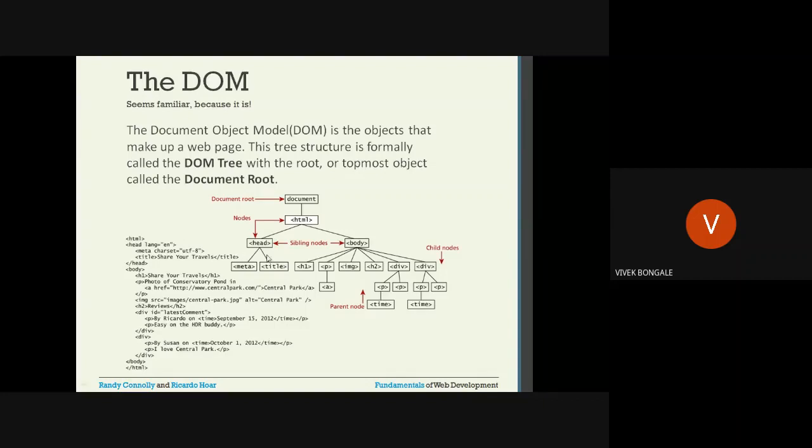Title is used to display in the title bar of the browser. These are the two major elements we consider as objects in JavaScript, the two objects we use under head.